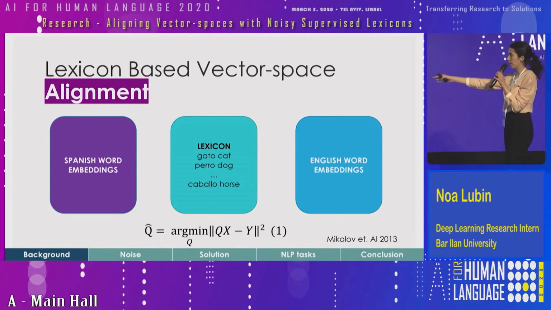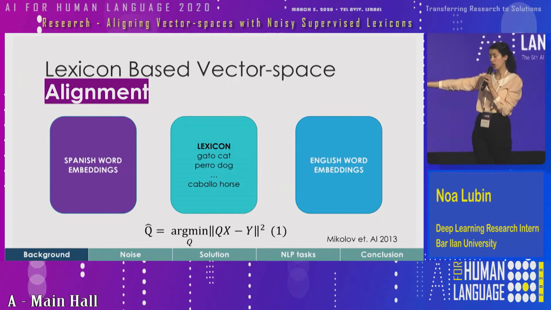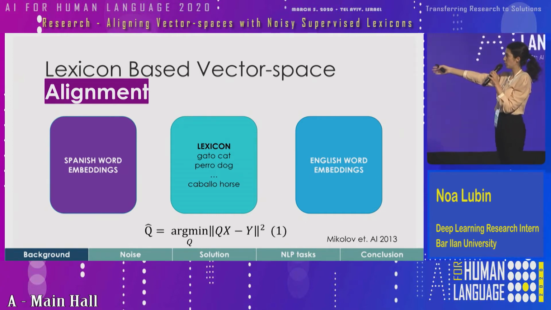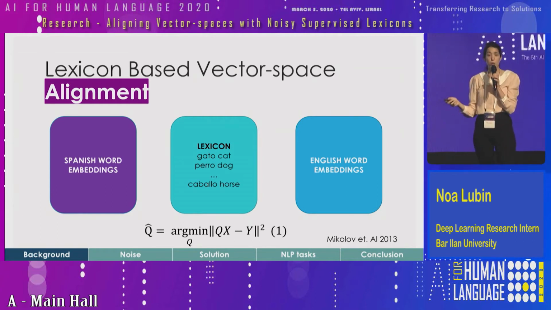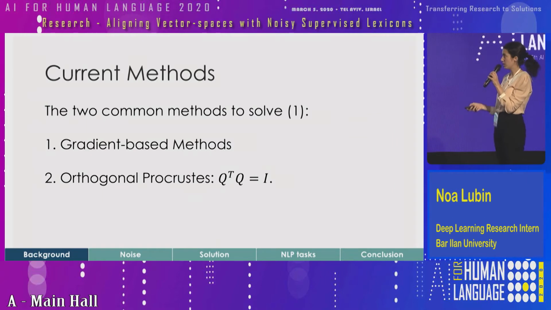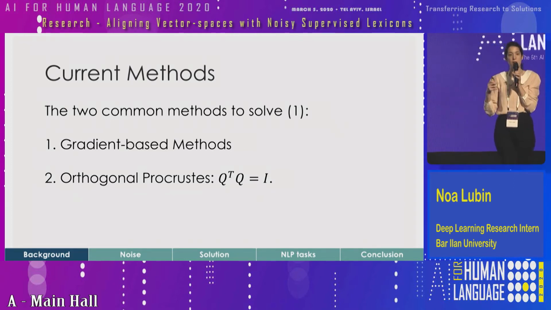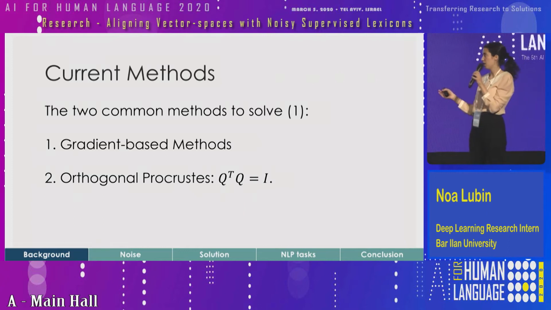How do I do it? I minimize this loss function. I minimize the Euclidean distance between the vector space X after applying the transformation and vector space Y, on top of the lexicon. There are two methods that do this. The current methods are, first of all, gradient-based methods, which you all know, like gradient descent.